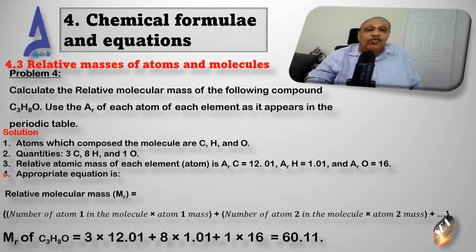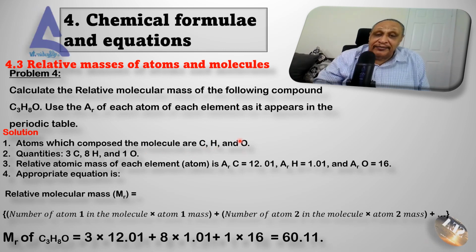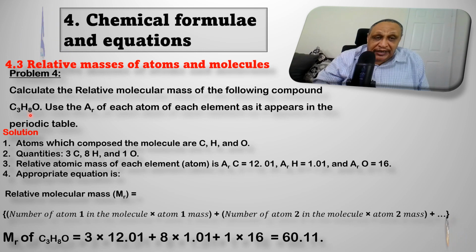Now, what are the atoms that compose this molecule? Atoms which compose the molecule are C, carbon, hydrogen, and oxygen. How many of each atom? 3 carbon, C3, 8 hydrogen, H8, and 1 oxygen atom.